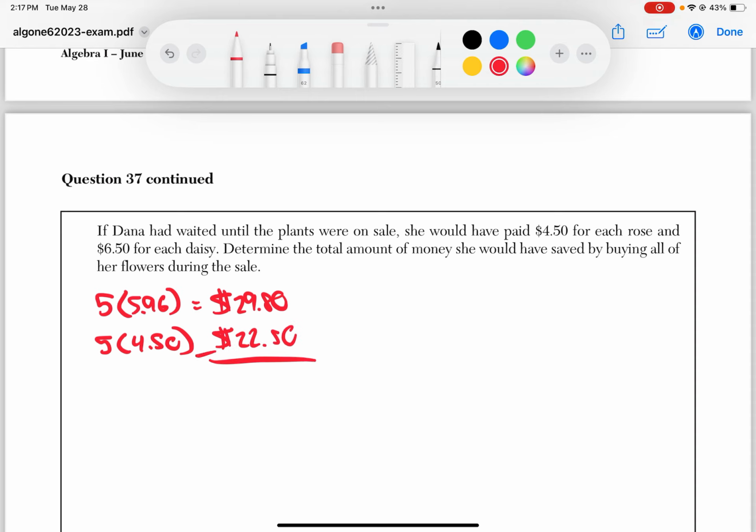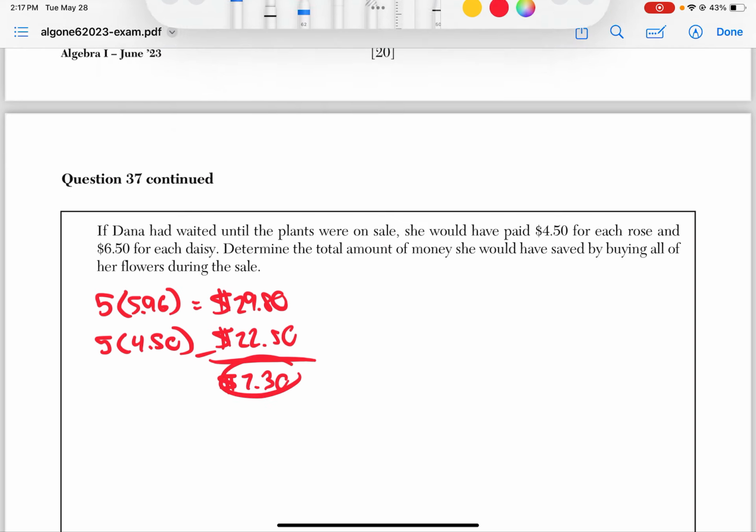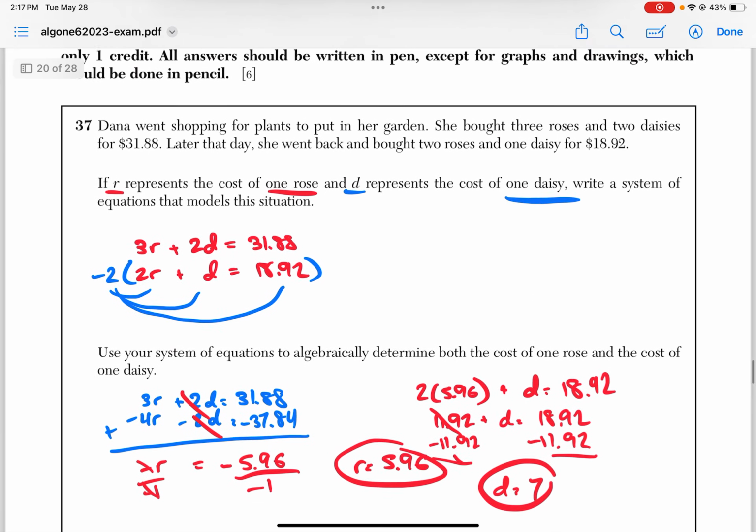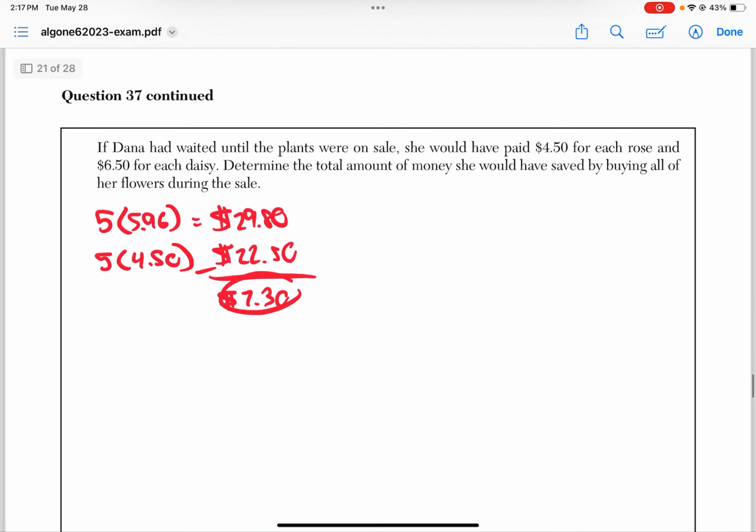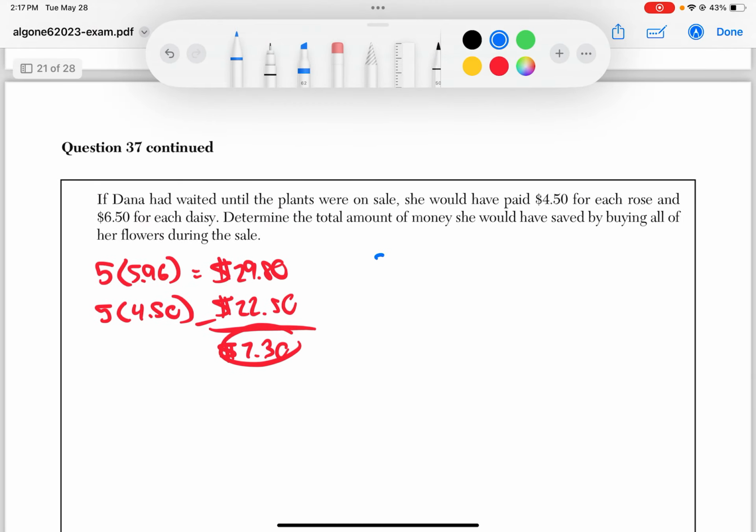So how much did she save? Well, that would just be their difference. So she would have saved $7.30 on roses. What about daisies? Well, how many daisies did she buy? Going back up, she bought 2 daisies and then bought 1 daisy. So she bought 3 daisies for $7 per daisy.